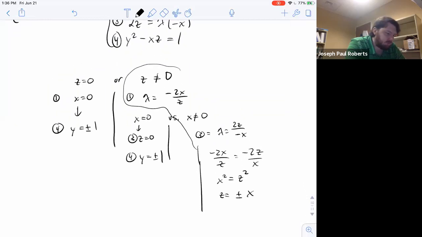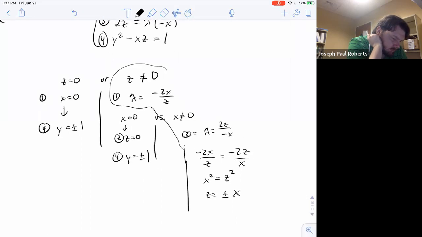And then it turns out that if you look at the last equation, yeah, so z is plus or minus x. Did I do this right?